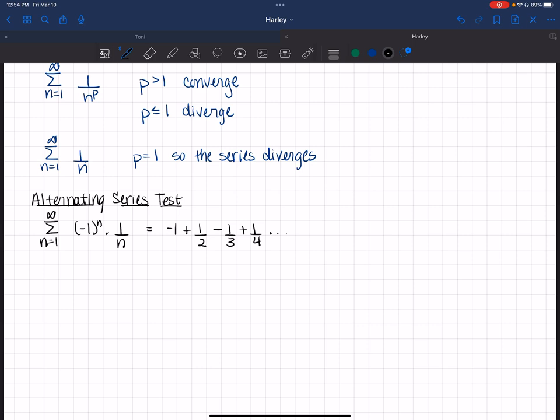This particular series right here is known as the alternating harmonic series. And of course the harmonic series is just a special p-series as we saw up there.